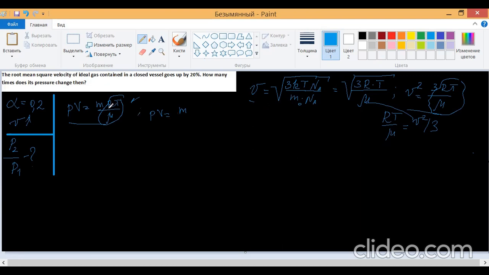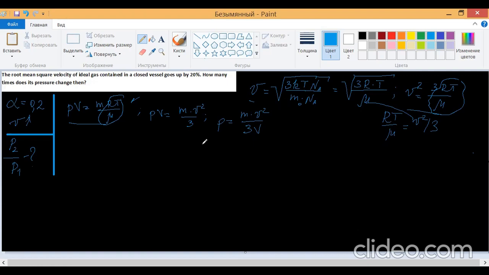So finally, we've got m times v squared over 3. And we need to find the relation between two pressures, and that gives me the idea what I should do next. I should express P from this equation. So P equals m times v squared over 3 volumes.